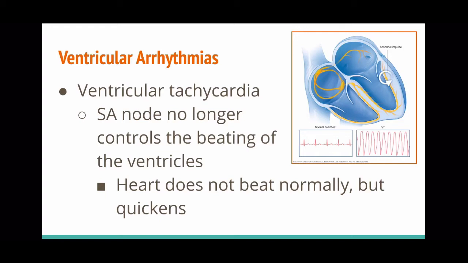So this condition occurs when the SA node no longer controls the beating of the ventricles, and instead other areas along that lower electrical pathway take over the pacemaking role. And since the new signals don't have to move through your heart muscle along the regular route, the heart muscle does not beat normally, and instead it quickens.